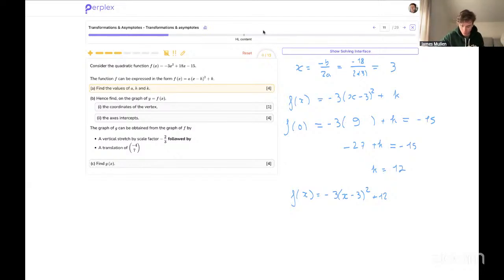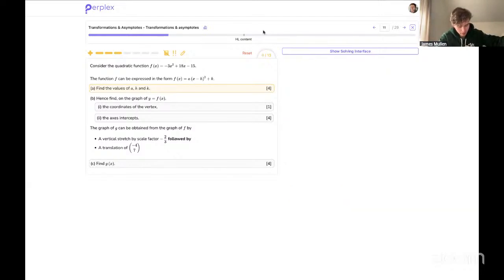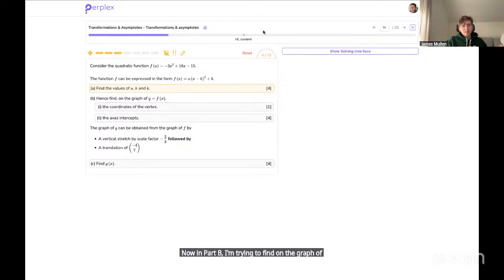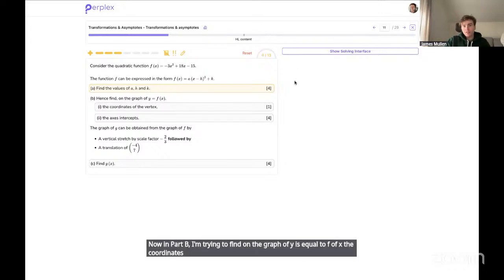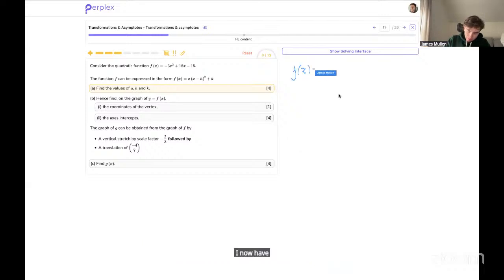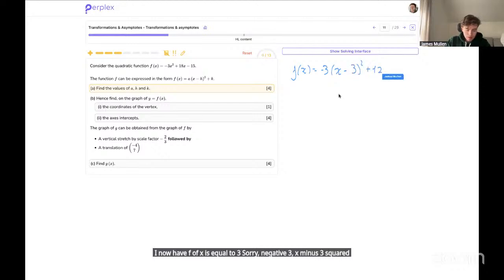Okay, that was part A. Now in part B, I'm trying to find on the graph of y is equal to f of x the coordinates of the vertex and then also the axes intercepts. All right, so I now have f of x is equal to negative 3(x minus 3) squared plus 12. And that's the vertex form, which means that I know exactly where the vertex is.